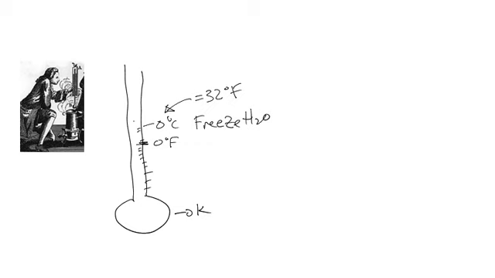That's the freezing of water, and then eventually we get up to the boiling point of water, which is 100 degrees Celsius, and this is equal to 212 degrees Fahrenheit. Strange way of defining things, but knowing the freezing point and the boiling point in both these two scales, you can actually figure out what the conversion is between the two.